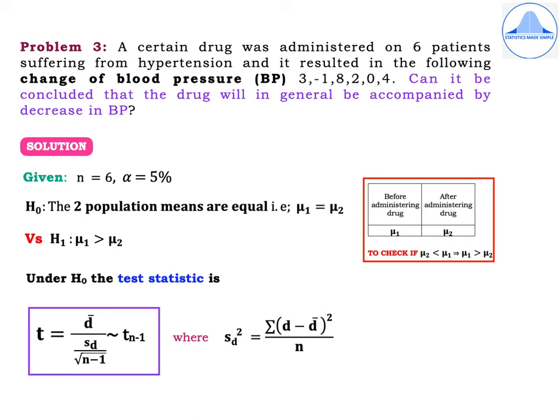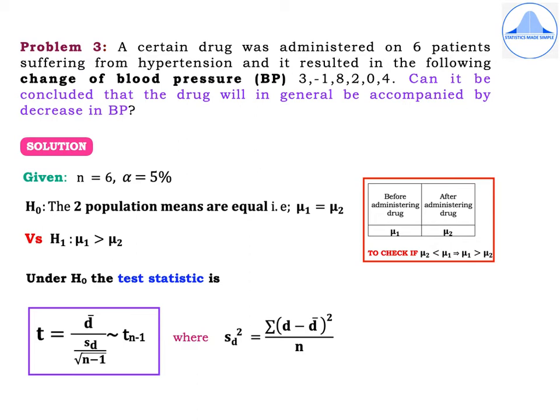This problem is based on the paired t-test, and the change of blood pressure values are nothing but the d values, that is the difference between the x and y values, where x will stand for the blood pressure before the drug was administered and y would denote the blood pressure after the drug was administered.